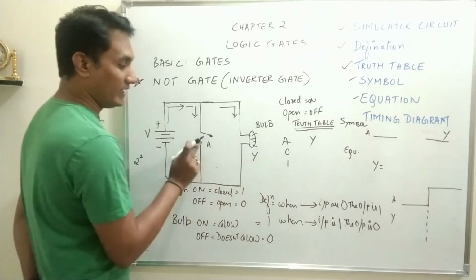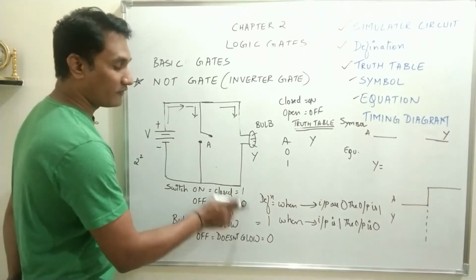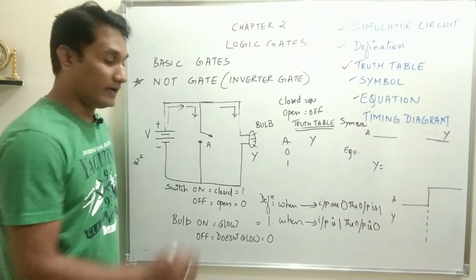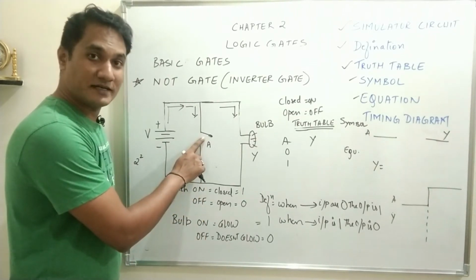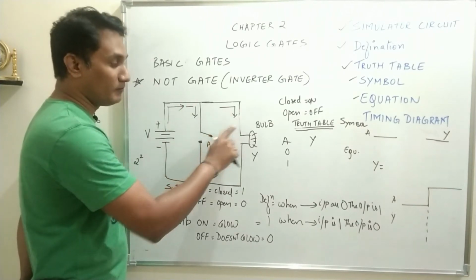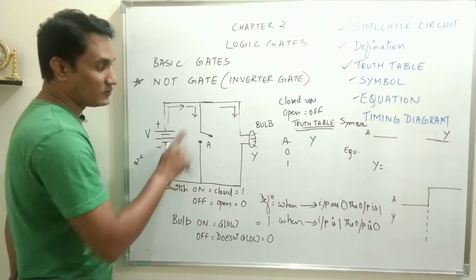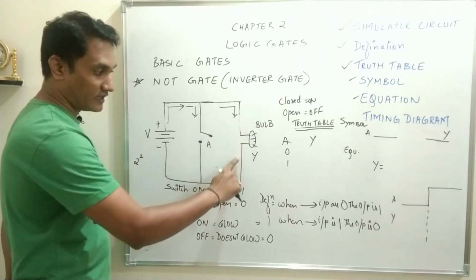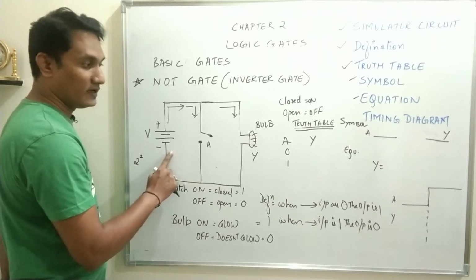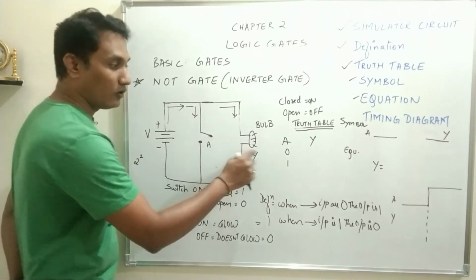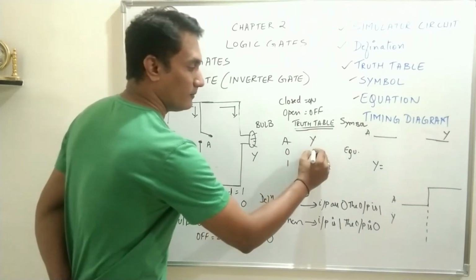When A is 0, that means the switch is off, the switch is open, and when the switch is open, it provides a high resistance path. So current will flow through the bulb. Of course no current will flow through the switch. The circuit is complete here. The current will flow through the bulb to the ground. That means bulb will glow, output Y will be equal to 1.